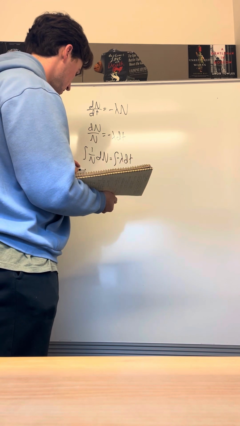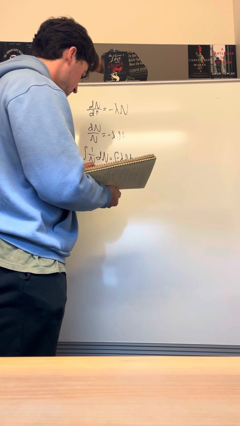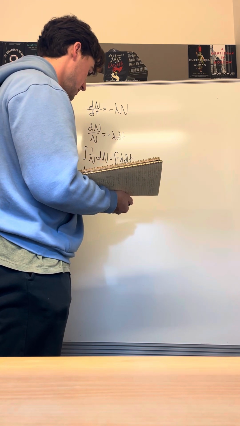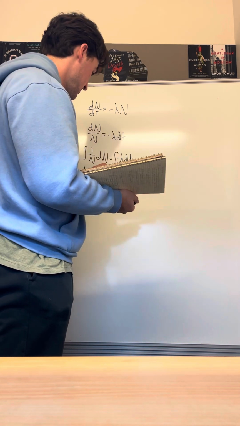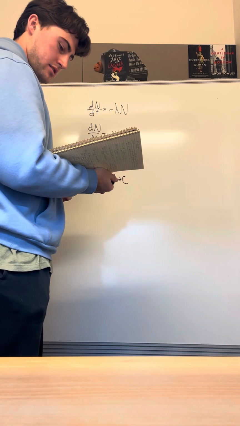So then solving this side, we get natural log of N equals negative lambda t plus C, where this is some integration constant.